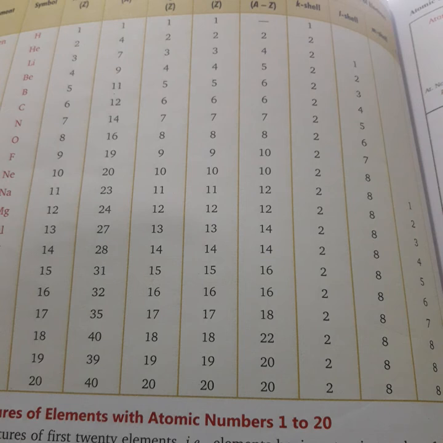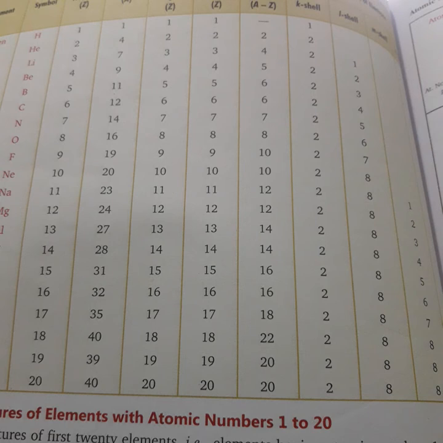Then take lithium. Lithium's atomic number is 3. The first shell can have only 2 electrons. So 3 minus 2, 1 is left, and 1 will go to the second shell. So what is the electronic configuration of lithium? 2, 1. What will be the valency of lithium? 1.